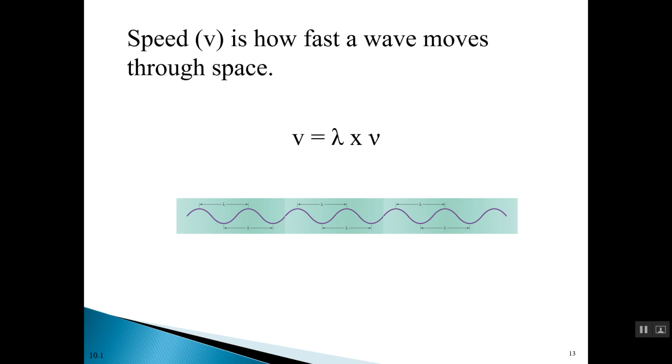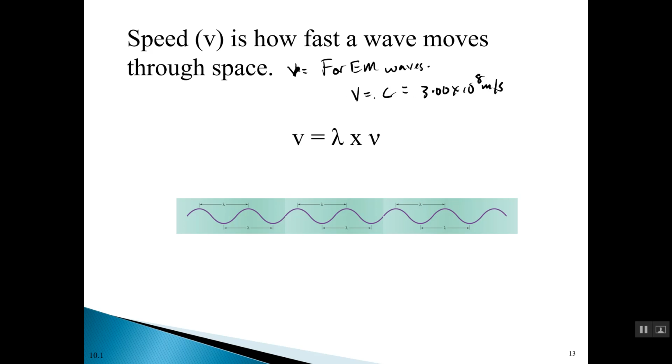Now, in the case of electromagnetic radiation, as we said before, the speed of the waveform, in fact, let me write this down here, for electromagnetic waves, the speed is equal to the speed of all forms of radiation, which is 3.00 times 10 to the 8 meters per second.